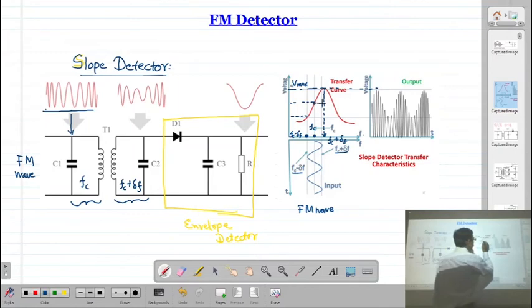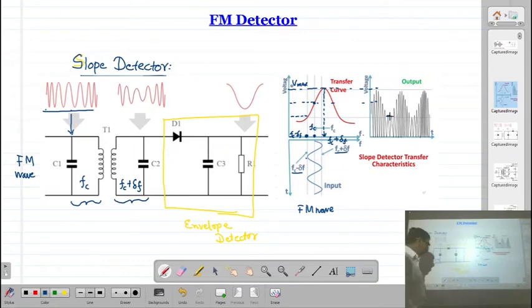For Fc, this much amount of voltage is produced. For Fc minus delta F, we have a minimum voltage produced. So here if you see, this voltage is going to vary in this way.